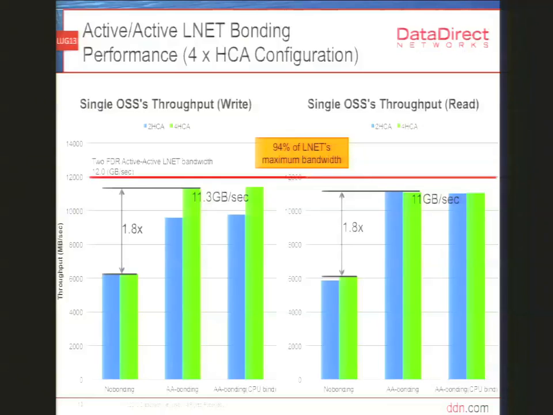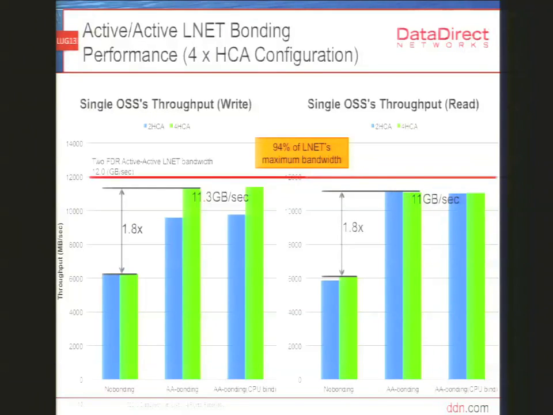Then we ran the IOR again. Then finally we got the write performance improvement. We got 11.3 GB per sec for write and 11 GB per sec for read. So read performance is pretty much the same compared to the two-HCA configuration, but we got the improvement for write in the four-HCA configuration.